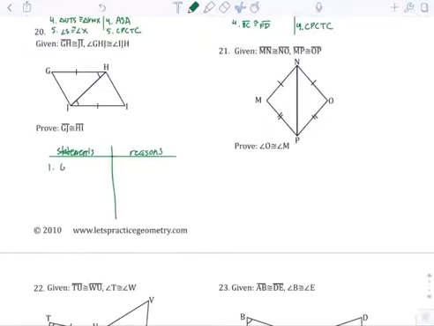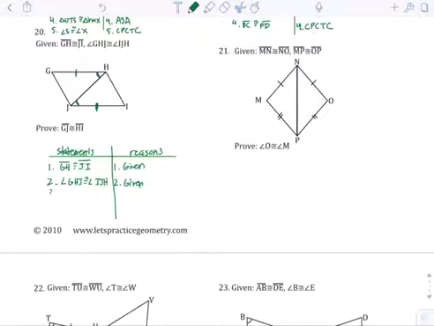Okay, 1, we got GH is congruent to JI. That's given. Number 2, we got angle GHJ is congruent to angle IJH, which is given.